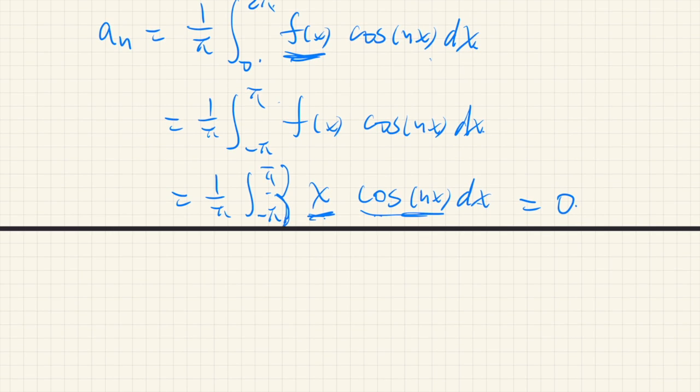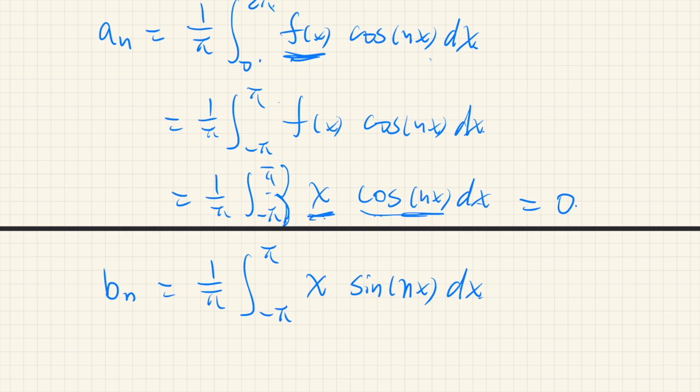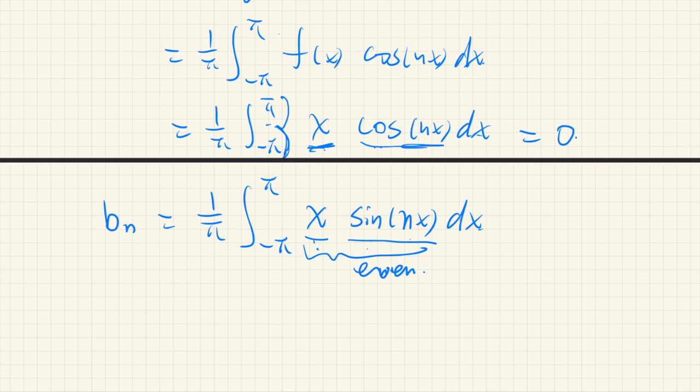And for the coefficients of sines, similarly, we can just integrate from negative pi to pi, x sine nx dx. Now x is an odd function, and sine nx is also an odd function. So their product, x times sine nx, is an even function. That means instead of integrating from negative pi to pi, we can just integrate from 0 to pi and multiply by 2.